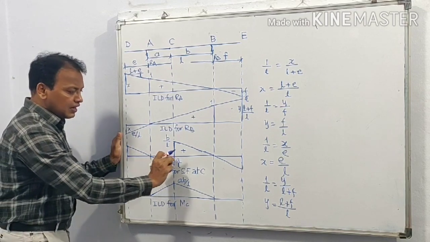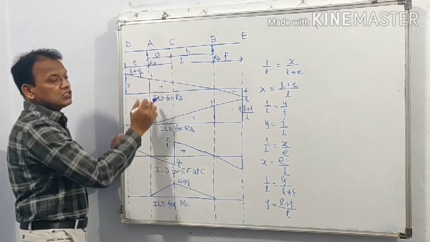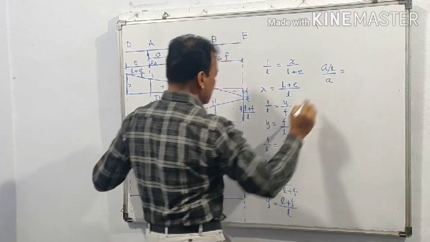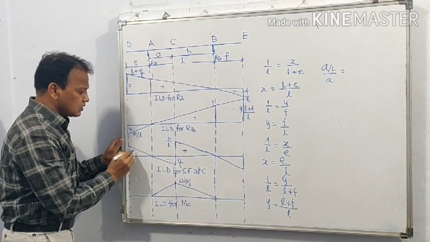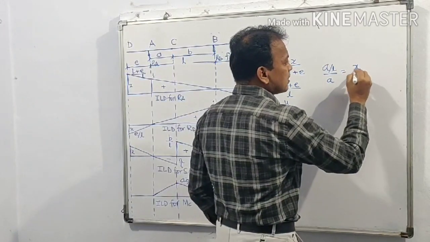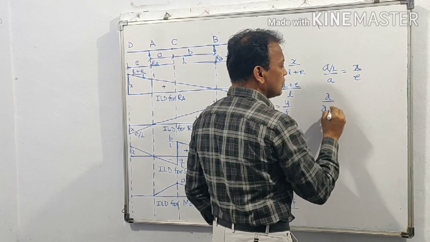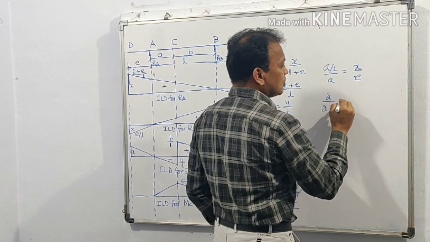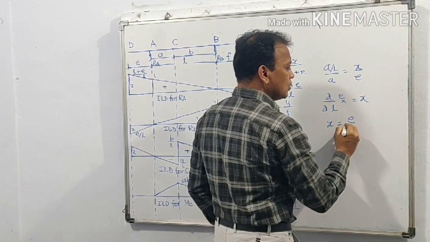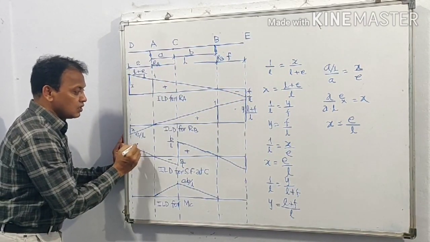So here we can write A upon L upon A is equal to x upon E. So we can write this as A upon A into L into E is equal to x. Therefore x is equal to E upon L.